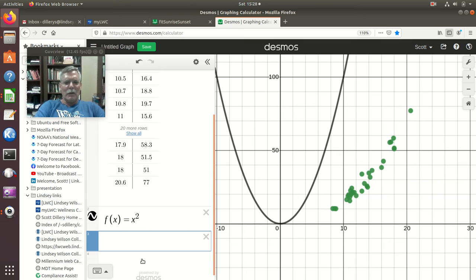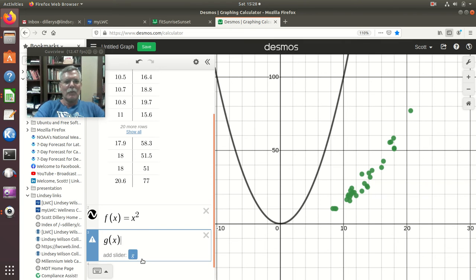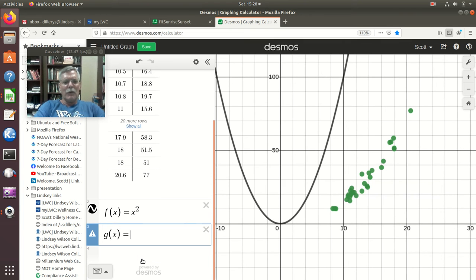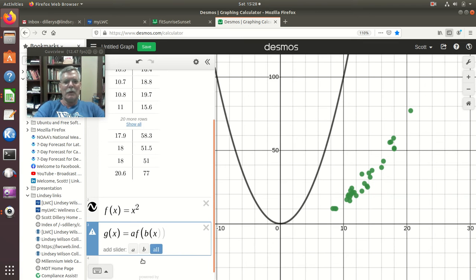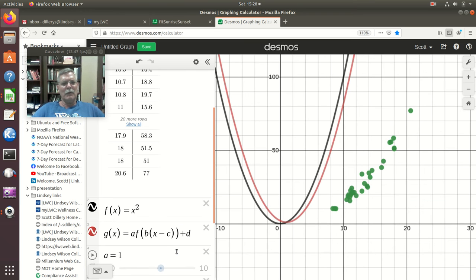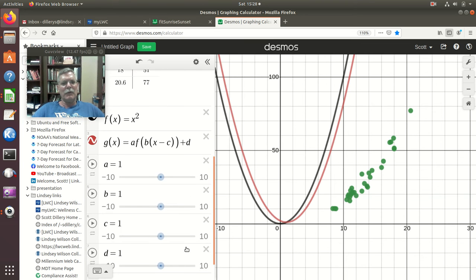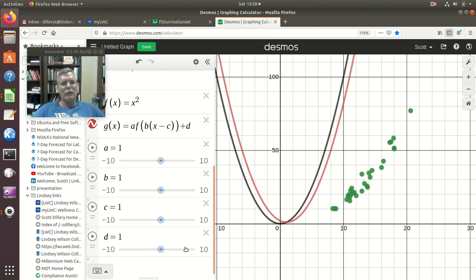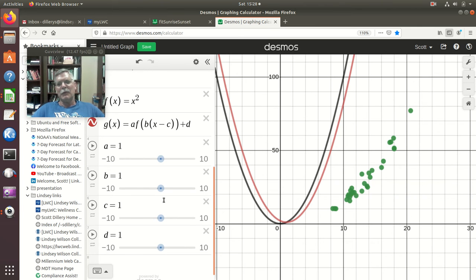And then my g of x is equal to a f of x, f of b times x minus c. Okay, like that, and then plus D. And I will add all those as sliders and move things up where I can see those sliders.